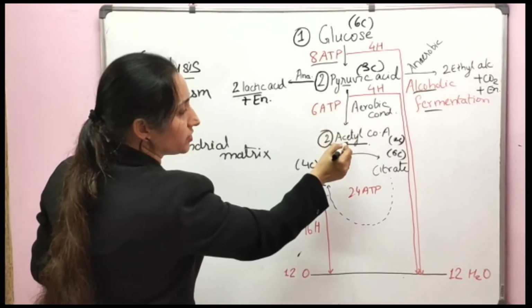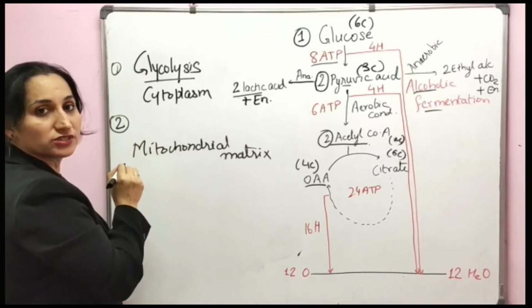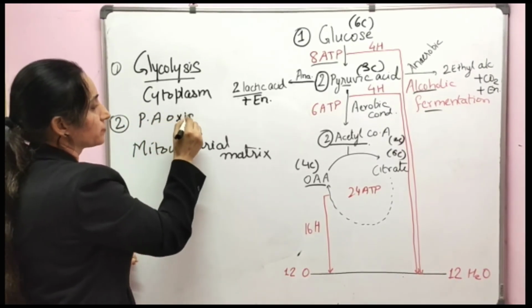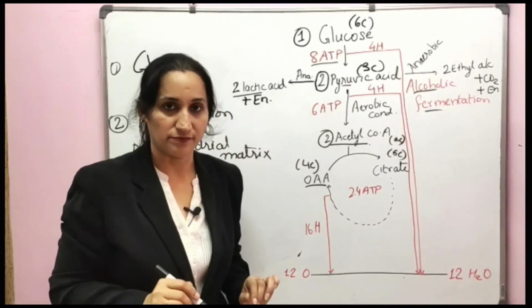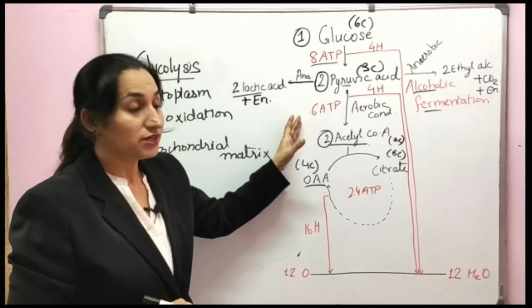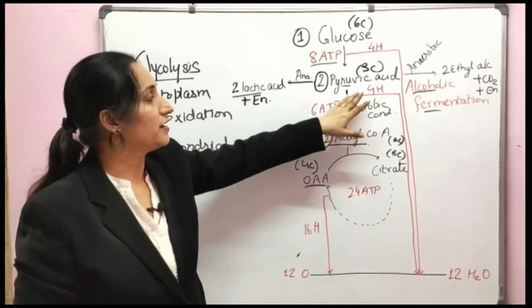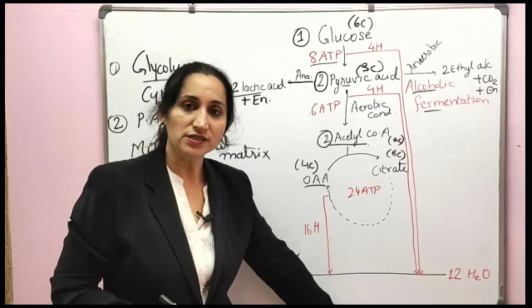Pyruvic acid gets converted into acetyl coenzyme A. That is the second stage, which is known as pyruvic acid oxidation, or it is also known as oxidative decarboxylation. Right? This is the second stage. In the second stage, 6 ATPs are total formed and 4 hydrogen atoms are released and they move towards the fourth stage.